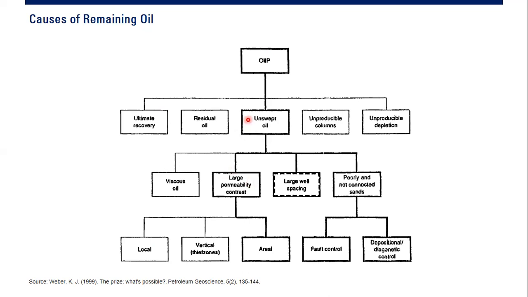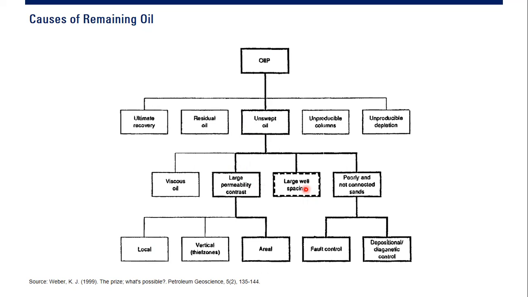Okay, and of course, one particular reason is actually large well spacing. If you make tight well spacing, if you make wells close to each other, maybe 100 meters, even 50 meters, it will give us more probability to drain as much oil as possible.